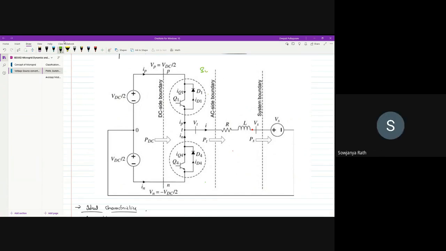Through Q1, sir. Yes, SW1 is on. So the current direction is positive. Our first assumption is that the current is positive. So current should come like this or like this. But we know that SW1 is already on, so there is a possibility of the current flowing in this direction. So it can go like this through Q1.